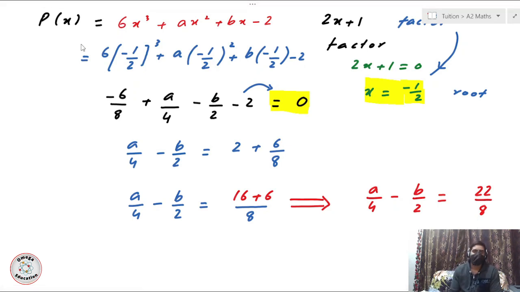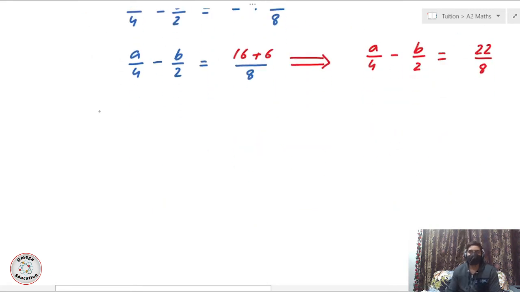I'm going to multiply each and everything from here with 4, so we can do some cancellation. You use any method of simplification, that doesn't make any difference. So a minus 2b equals 11.